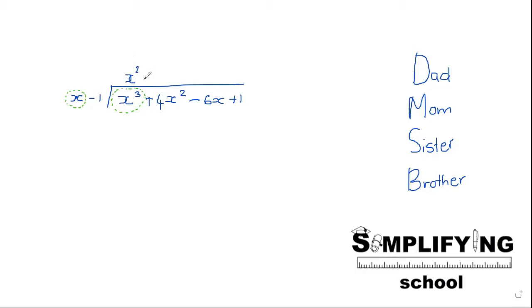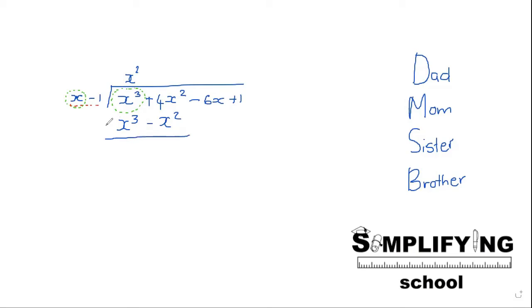Now we're going to multiply the x squared with everything here. So we're going to say x squared times x minus 1. For us to do it, we're going to do term by term. So it's going to be x cubed minus x squared.